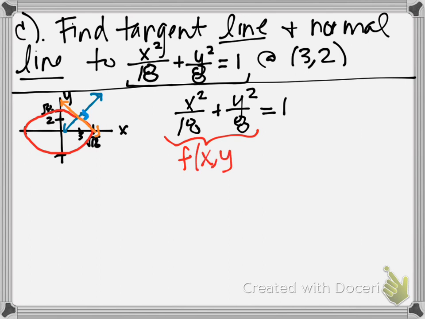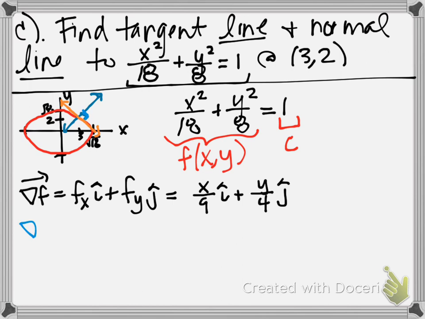So my function of x and y is going to be x squared over 18 plus y squared over 8. And my constant, I happen to be looking at just the level curve where c is equal to 1. So I can find the gradient of f. And then we know that the gradient is going to be perpendicular to this level curve. So if I evaluate the gradient at 3, 2, it's actually going to be this vector that's right here that's perpendicular to my level curve.